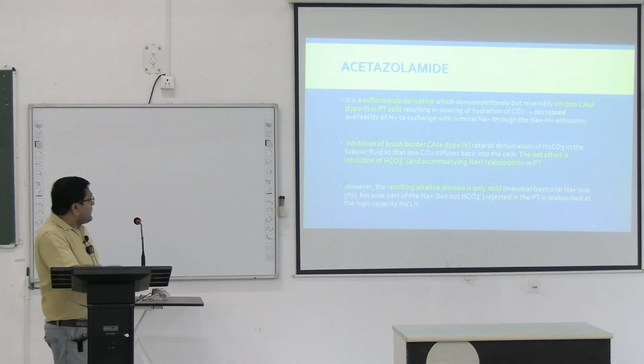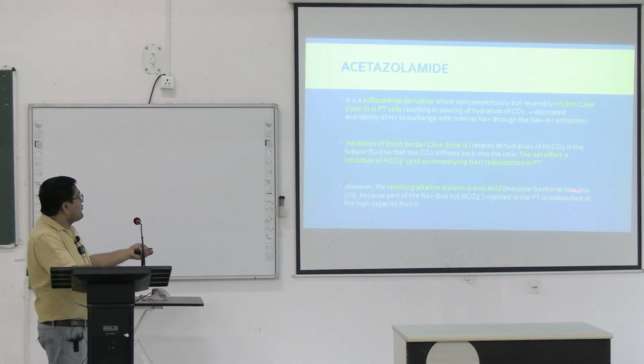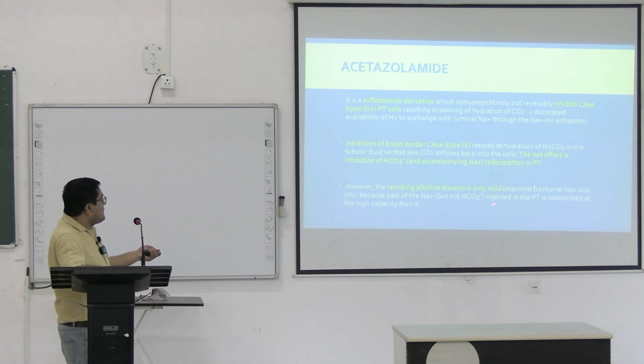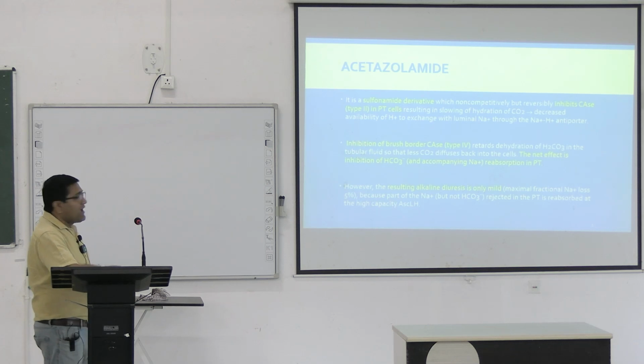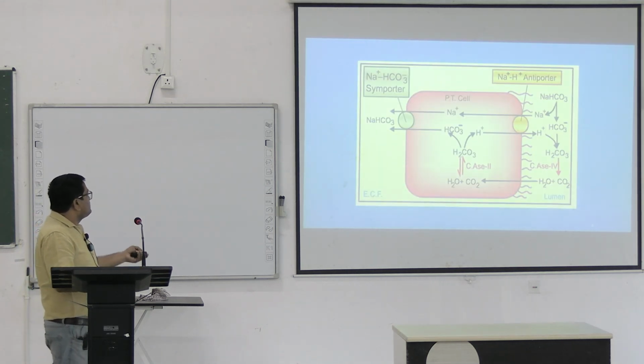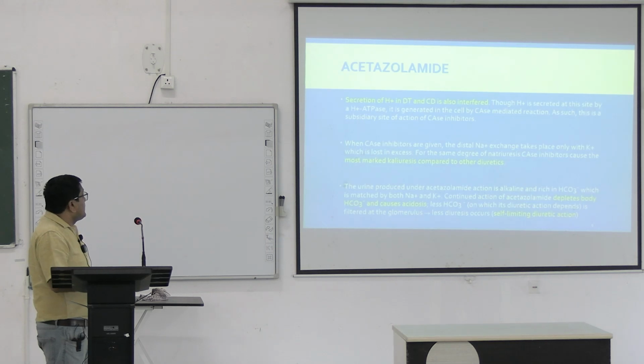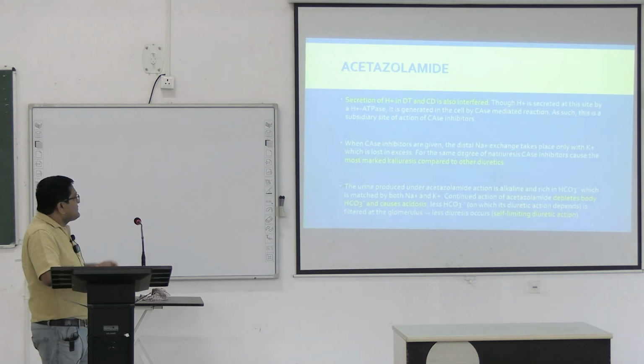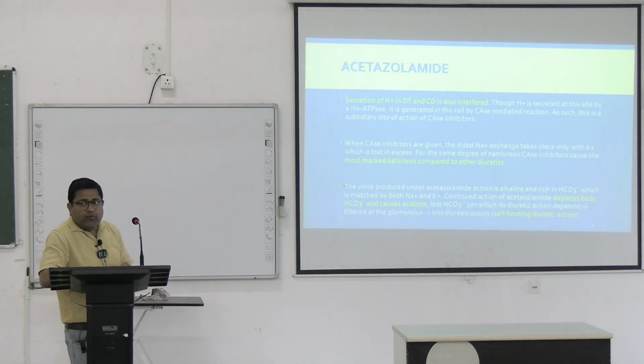Why mild? Because the maximal fractional sodium loss is 5% here. Because part of the sodium rejected in the proximal tubule is reabsorbed in the high capacity ascending limb of the loop of Henle. So the secretion of H plus in the distal tubule and collecting duct is also interfered with. Why?